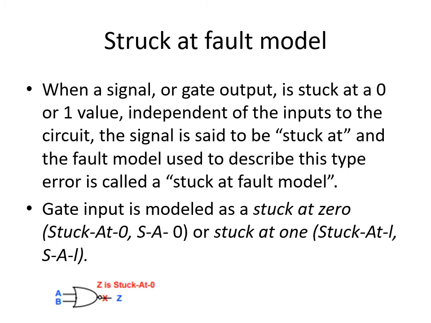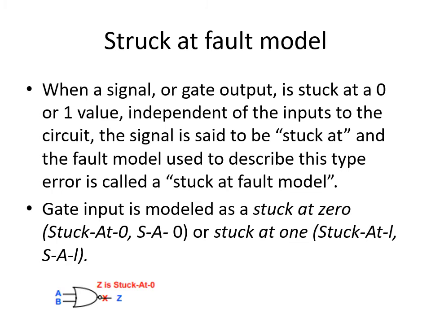In the diagram you can see that A and B are the two inputs. Whenever I speak about the stuck-at fault model, the fault may occur at the input end or at the output end. Here in the diagram you can see that the output line is stuck at 0.